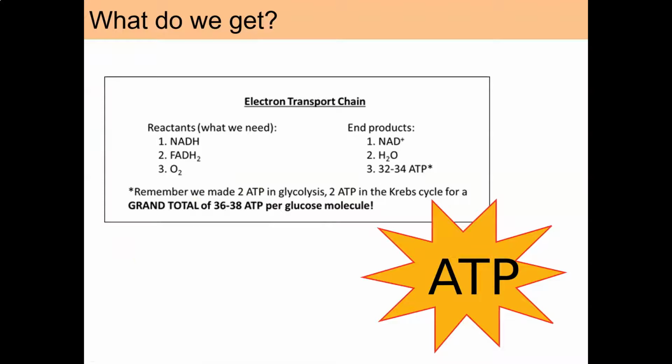Okay, so what do we end up with at the end of the electron transport chain? We need our electron carriers, our NADH, our FADH2, our O2, and we end up with our NAD without any electrons.